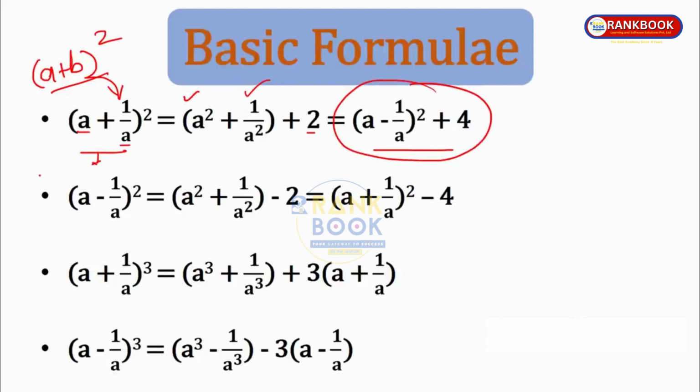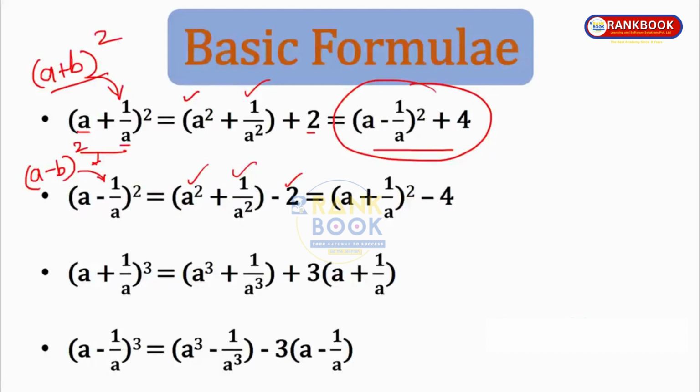Now, in the same way we have (a minus b) the whole square. This is b. We have a square minus 2ab, so we have minus 2 plus b square, so we have 1 by a square. Now, if you see carefully, this is this plus this. This is nothing but (a minus 1 by a) the whole square, and taking the 2 over here, plus 2. So that is written over here.